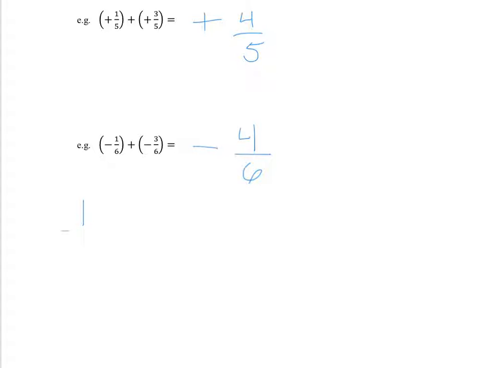So if we were doing that down here, the magnitude of negative 1/6 is 1/6, and the magnitude of negative 3/6 is 3/6. So we keep the bottoms from our fraction rules, and then we add the tops, which gives us 4, but because both of those were negative, our final answer is negative.